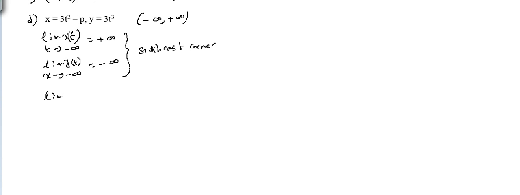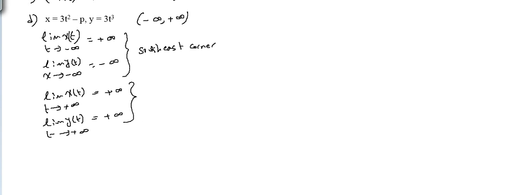And the limits of x of t and y of t as t approaches positive infinity both give positive infinity. So it terminates at the northeast corner of the coordinate system.